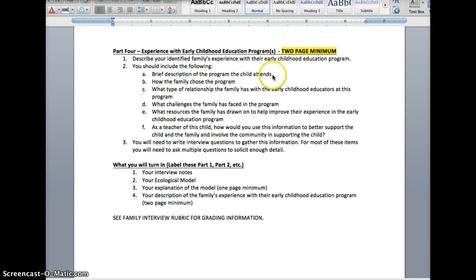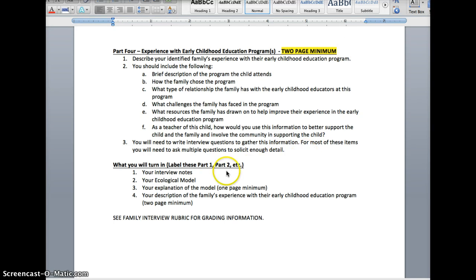And so you want to include each of these items, but you can also include additional information about their experience with early childhood education that's appropriate, that comes up during your interview, or if you have other questions you want to ask them about, you certainly can do that. And so that will be part 4.